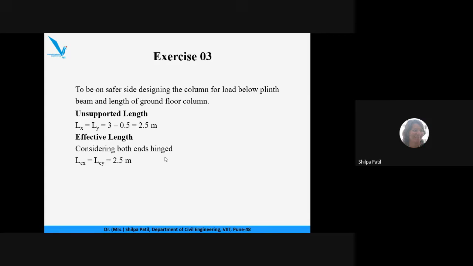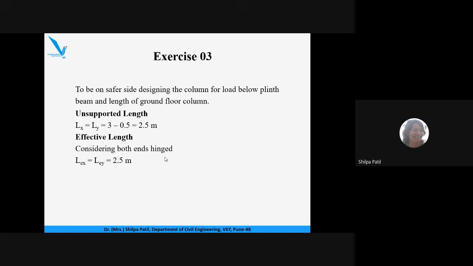Whenever we design on the conservative side, we should consider the higher slenderness ratio value, so that the load carrying capacity of the column gets reduced, and accordingly we design the column. So practically, though we are assuming the ends are hinged, practically they are fixed, and hence the effective length would be 0.65 L instead of L. In that case, your slenderness ratio will be lesser, and the load carrying capacity of the column will be higher.